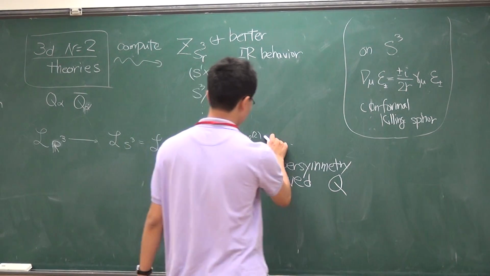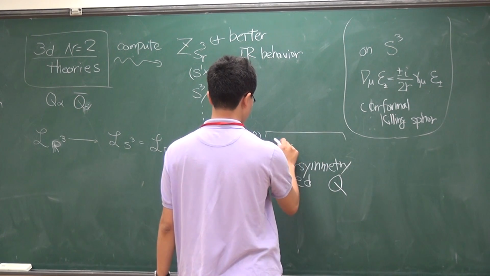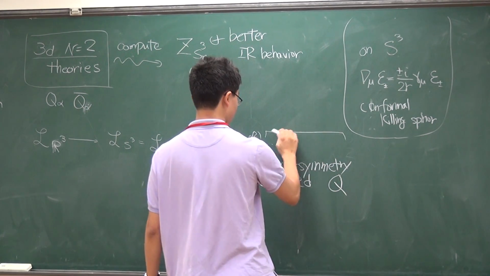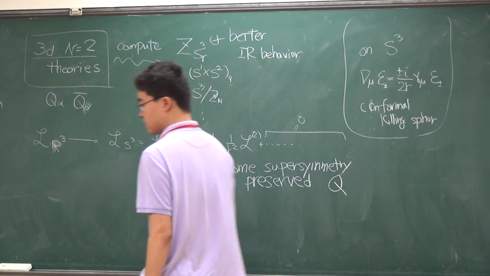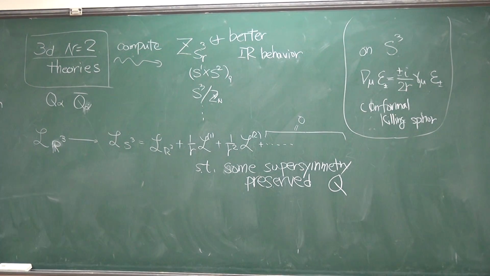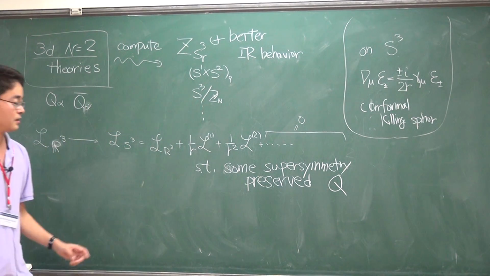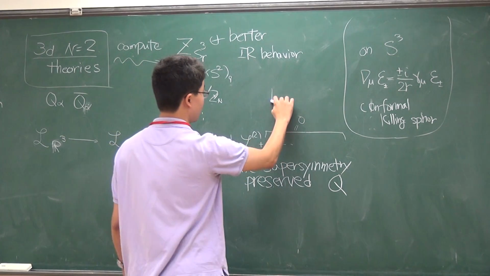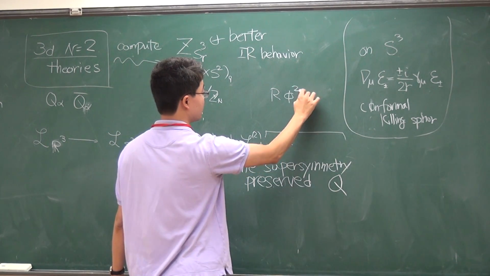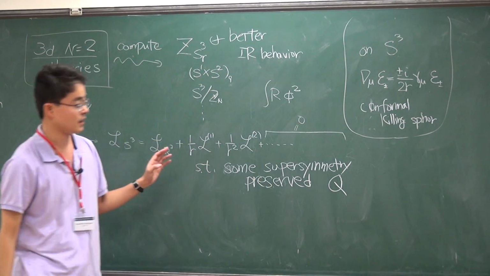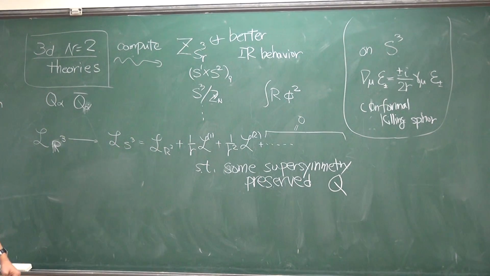What people do in the literature is to choose this Lagrangian in such a way that all these are 0, so there are just one-over-R and one-over-R squared corrections. And that's a non-trivial fact. For example, if you start with the flat space Lagrangian, you can add the so-called conformal coupling to the scalar, and then try a supersymmetric completion.